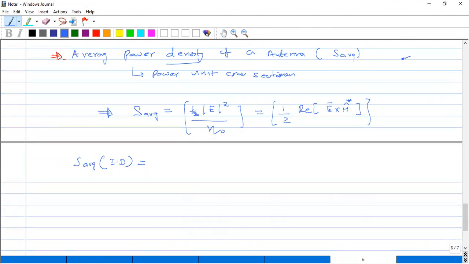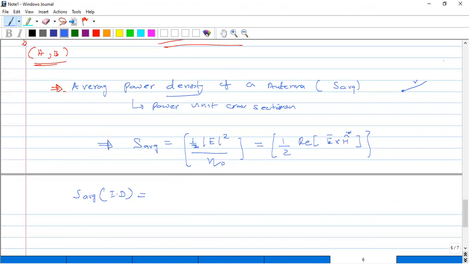So if you consider an antenna here, at distance R, the power is radiating like this. And you take a unit cross section on this sphere. The power dissipated through this unit cross section is the average power density.